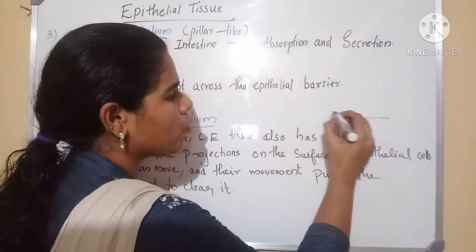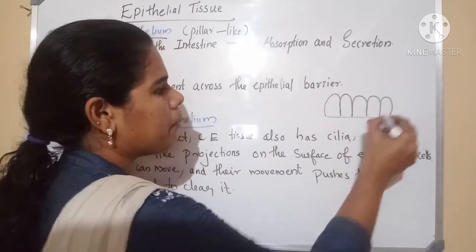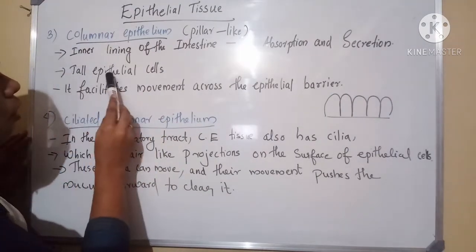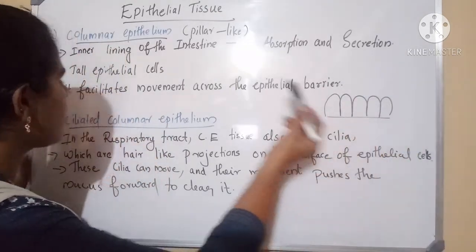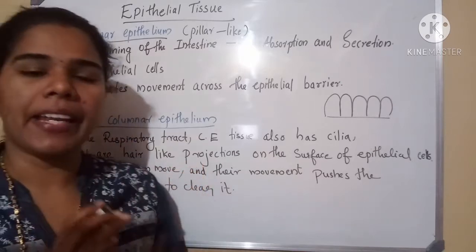Columnar epithelium means pillar-like epithelium. These are comparatively tall epithelial cells, and they facilitate movement across the epithelial barrier.